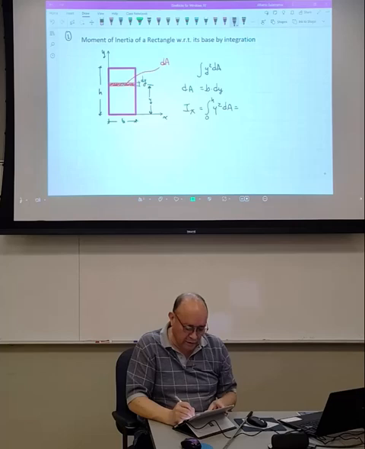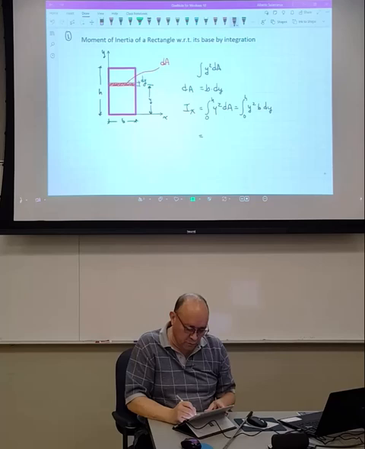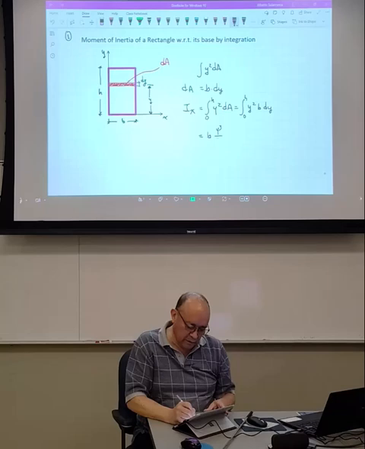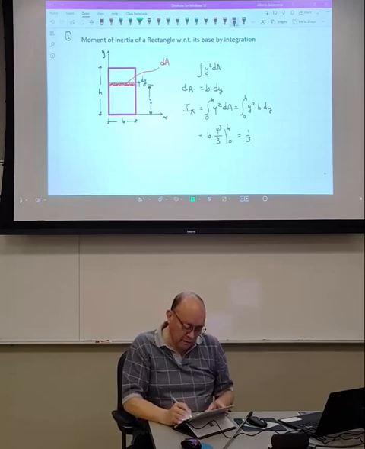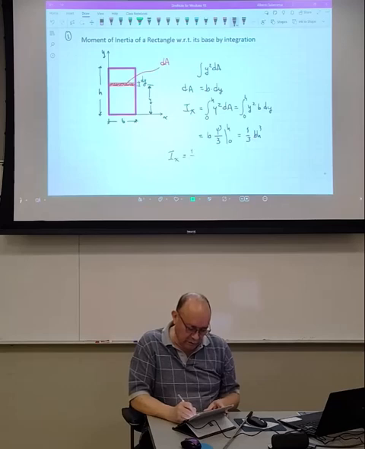So it will be the integral from 0 to h of y squared b dy, which equals b y cubed over 3 from 0 to h, equals 1/3 bh cubed. That's our first moment of inertia. Moment of inertia with respect to x equals 1/3 of bh cubed.